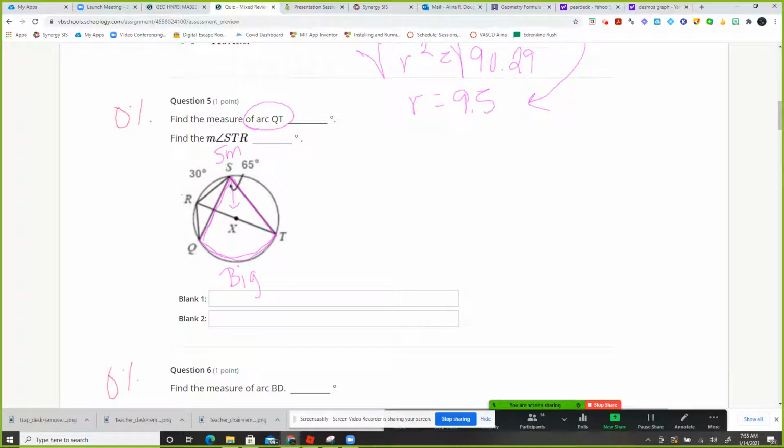How much bigger is QT than angle S, the small angle? It's twice as big. So I need to multiply by 2. Okay, so if this angle is 65, this arc is 2 times 65.